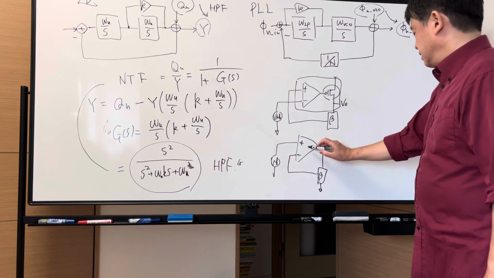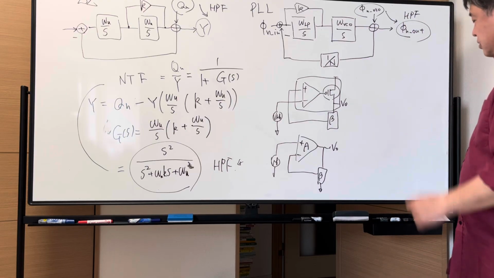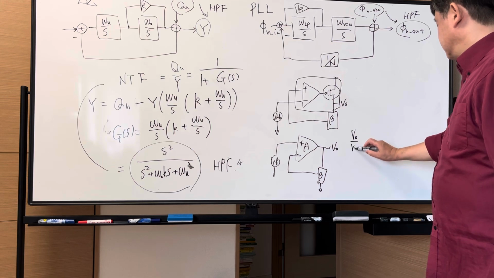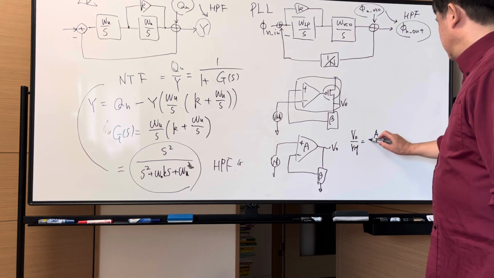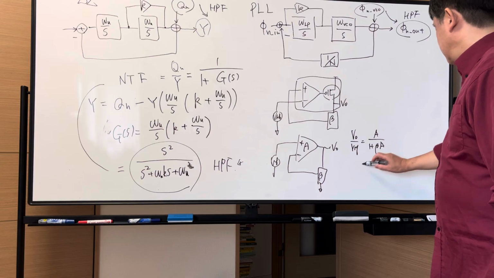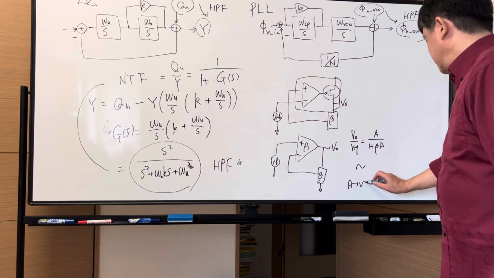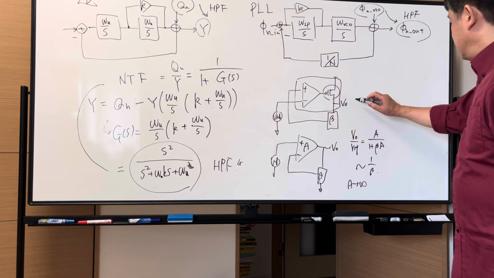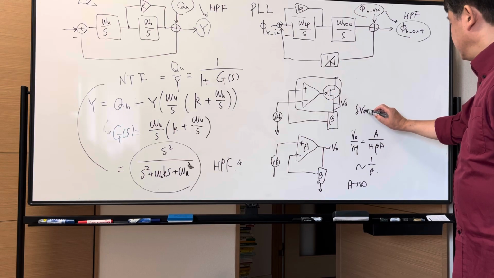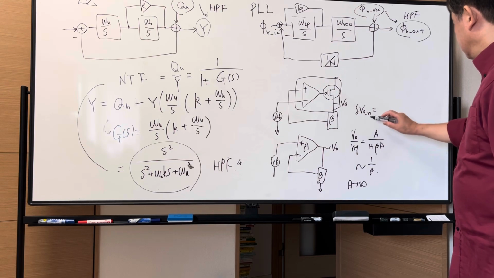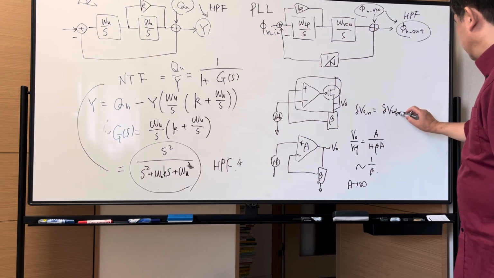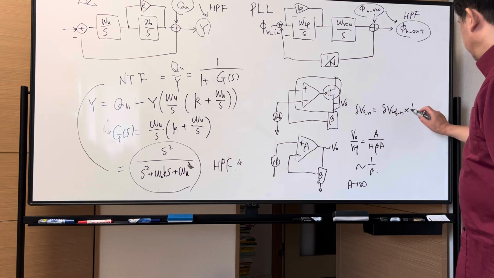If the amp's open loop gain is A, the transfer function is A over 1 plus beta A approximately, and as A goes to infinity, it is 1 over beta. So if we have some input noise, it is multiplied by 1 over beta.